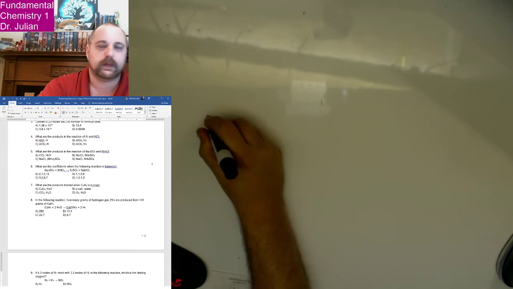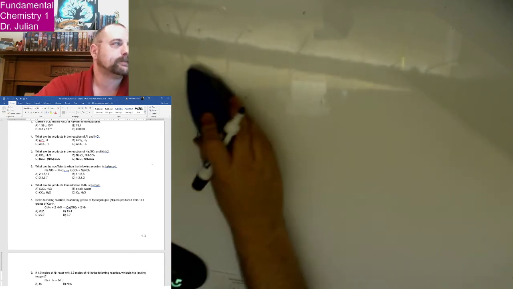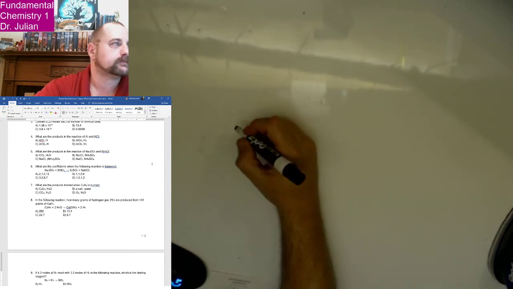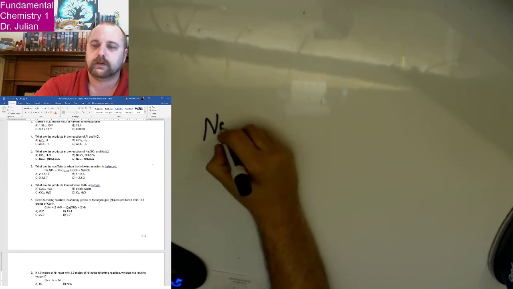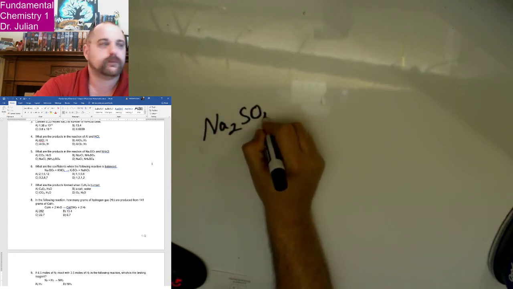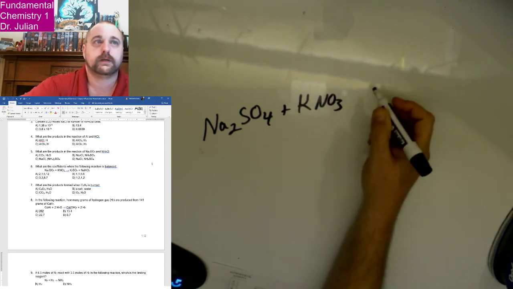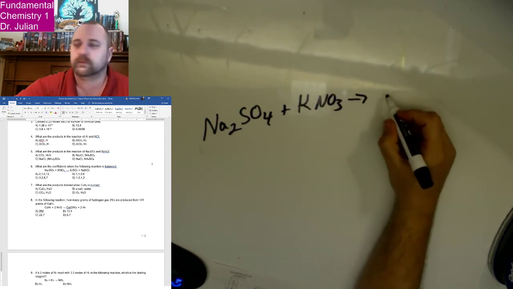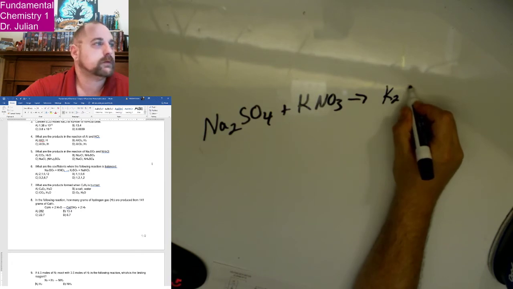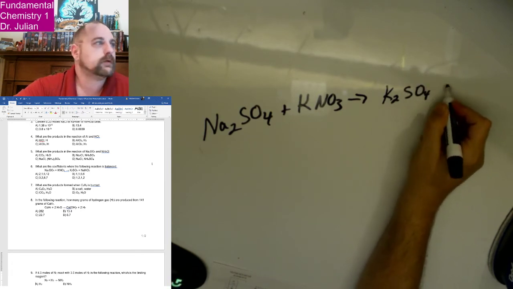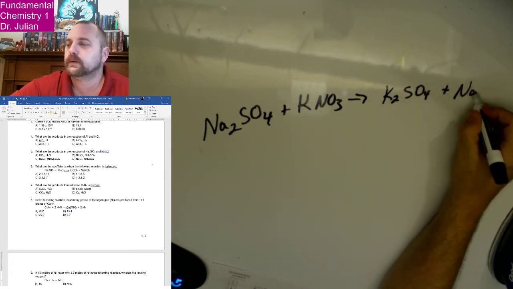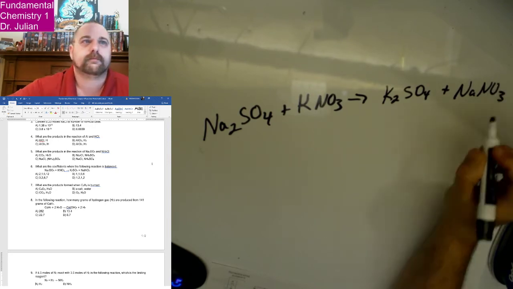Okay, so Na2SO4 plus KNO3 goes to K2SO4 plus NaNO3. All right, good.